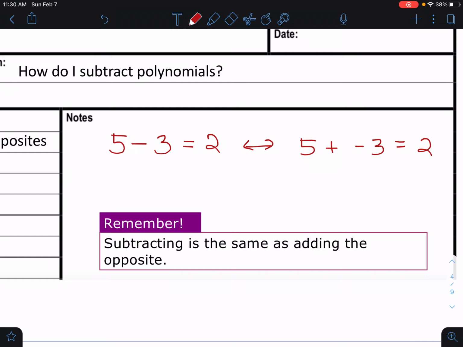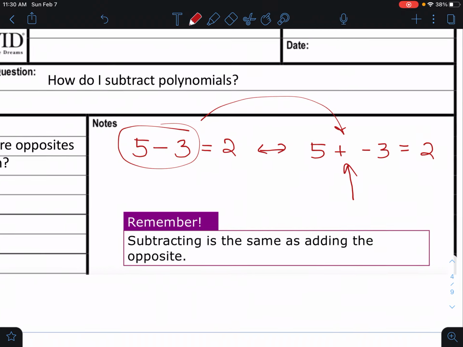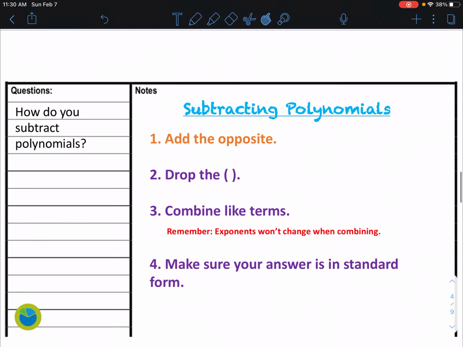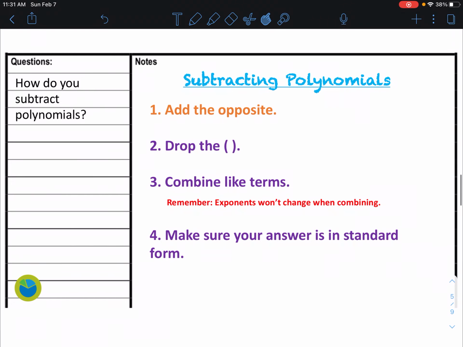So what we're going to do is, in today's lesson, we already know how to add polynomials. So when we're talking about subtraction, we're actually going to rewrite it as an addition problem and then use the things that we already know how to do. This will make our life a little bit easier, okay? So how do we subtract polynomials?